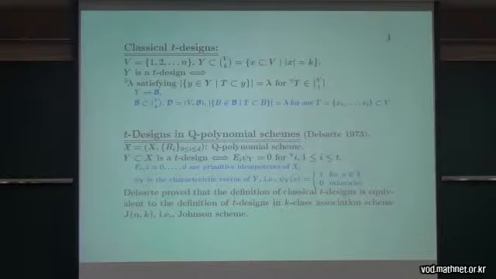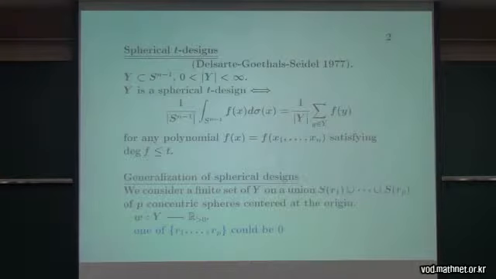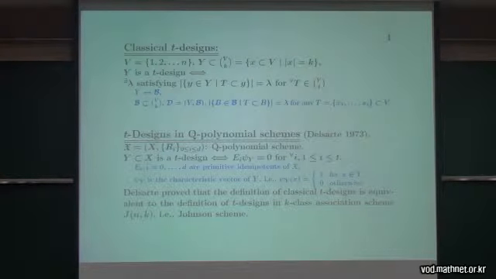Y is a t-design if there is a constant lambda such that the number of blocks Y which contain any t-subset is lambda. This is the classical way to write it down. Y is called a block. So this is the classical way to describe the design.